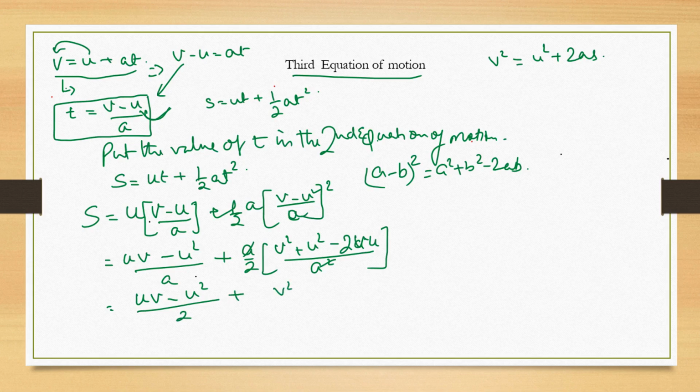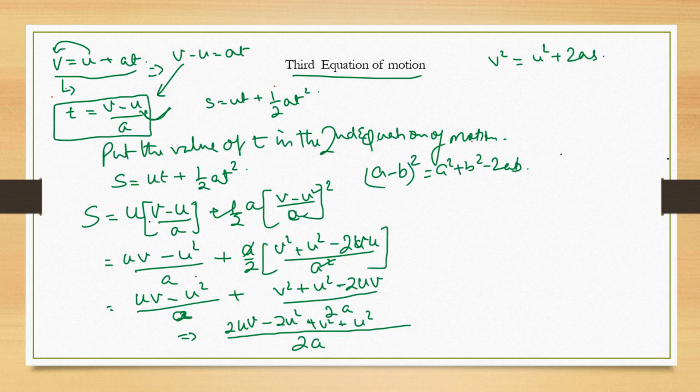Plus v square plus u square minus twice of uv divided by 2a. Now we take the LCM. The LCM will be 2a and all the terms here get multiplied by 2, so twice of uv minus twice of u square plus v square plus u square minus twice of uv. These positive and negative values cancel out.